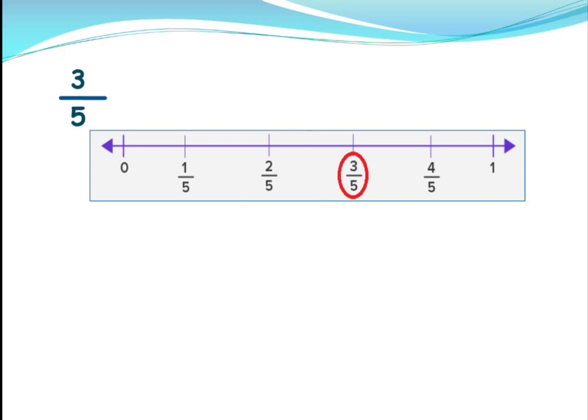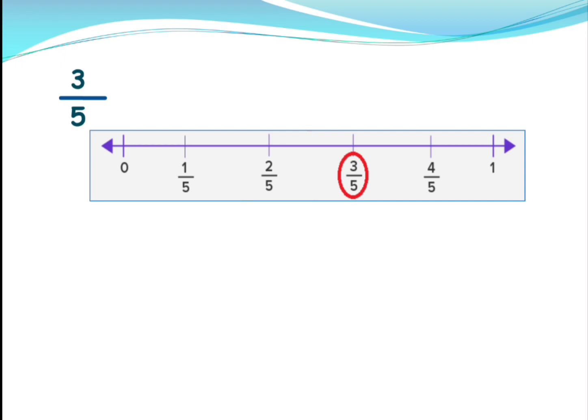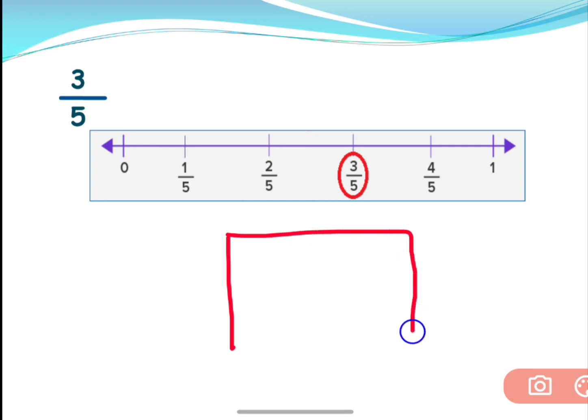Isn't it, children? But here, where is 5 by 5? There is no 5 by 5. Why? Because 5 by 5 is the last part. And on the line, we are including all the parts. That means that if you include all the parts and if you include the last part, that becomes one whole. For example, if I take a shape like this and I have divided like this, that means there are 4 parts.